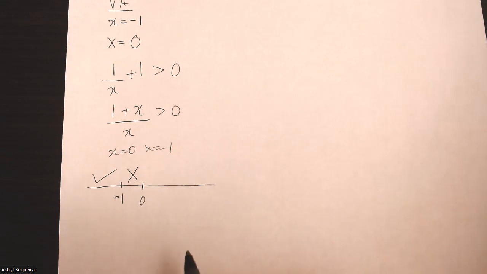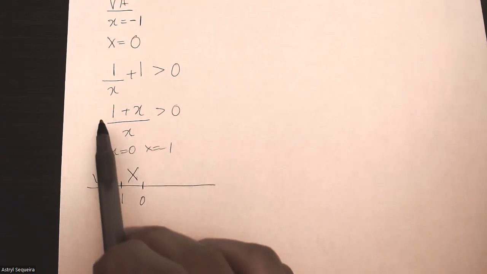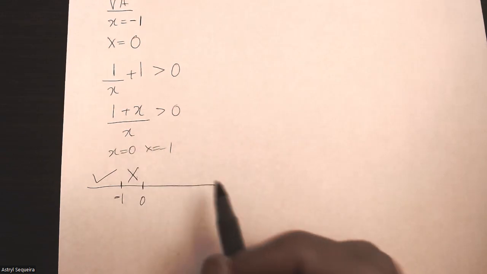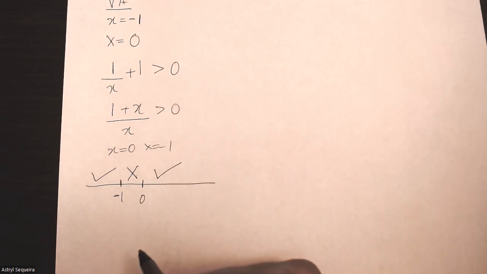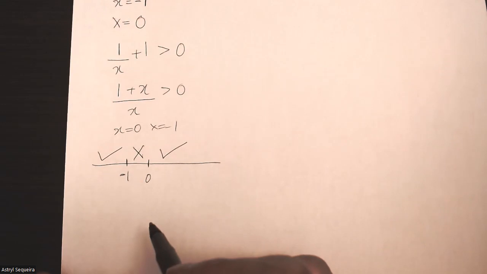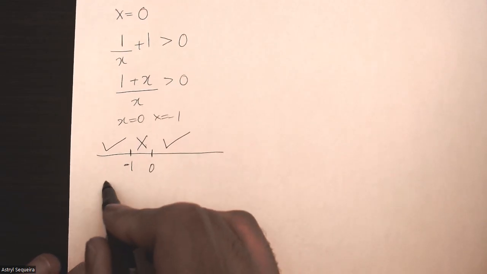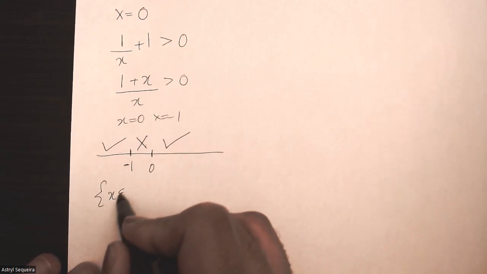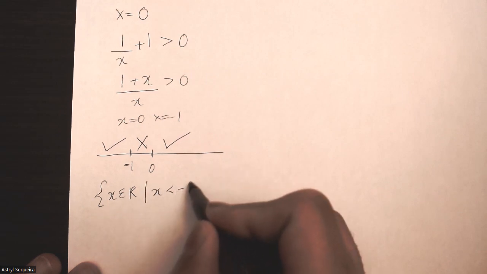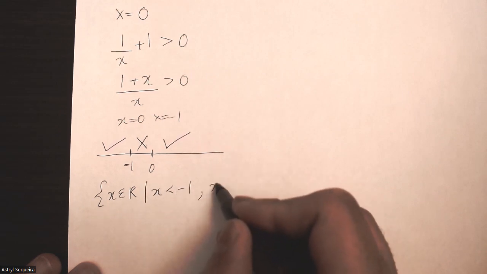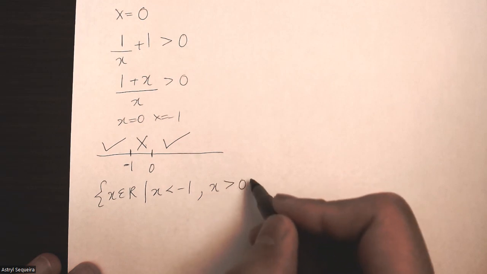And I'll pick a value above 0, pick 1. 1 plus 1 is 2. 2 divided by 1 is 2. 2 is greater than 0, so this is good as well. That means that my domain is x is an element of all real numbers such that x is less than -1 or x is greater than 0.